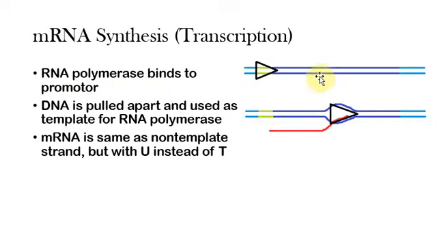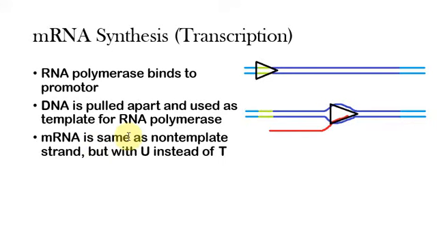These two lines are DNA, and this green part is the promoter. So after it's bound to the promoter, the DNA will be pulled apart by the RNA polymerase, and it will be used as a template for the RNA polymerase. And as the RNA polymerase goes through this DNA, it's going to be using the same coding to create a version of it as mRNA.